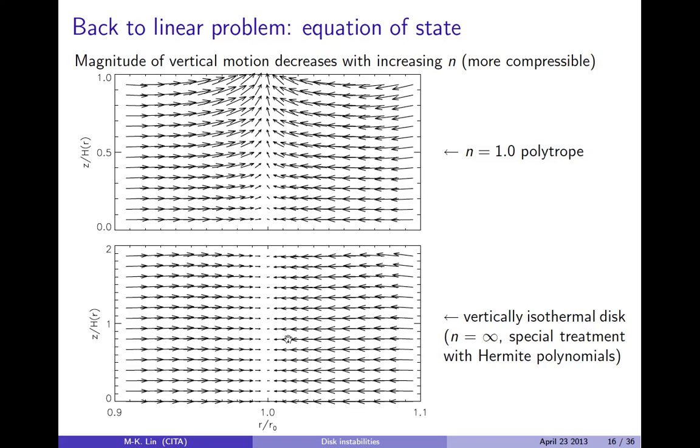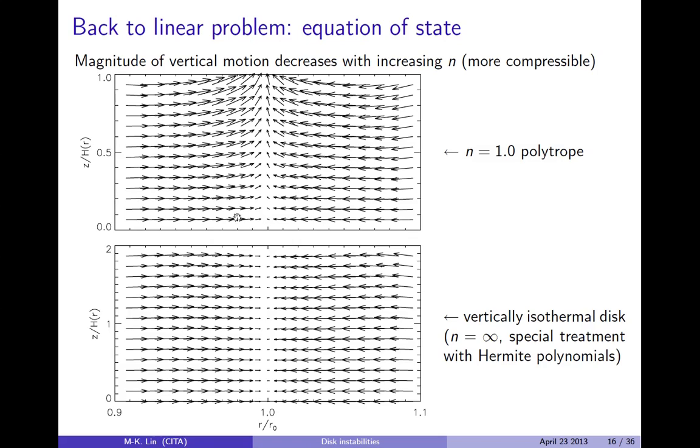And that makes sense because if I'm trying to increase the density by shuffling material together, indicated by these arrows, then if the fluid is very compressible, the density along unit radius here can just increase, no problem. But if it's not very compressible, that is to say, if you lower the polytropic index, then as you try to shuffle material together towards unit radius, it's going to want to move vertically in order to conserve mass.